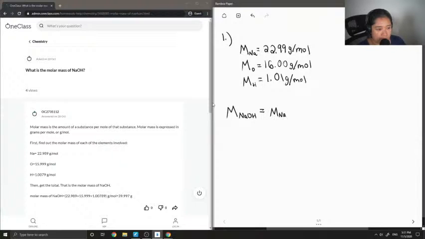So I'm just going to show right here that it's just adding all these values together.